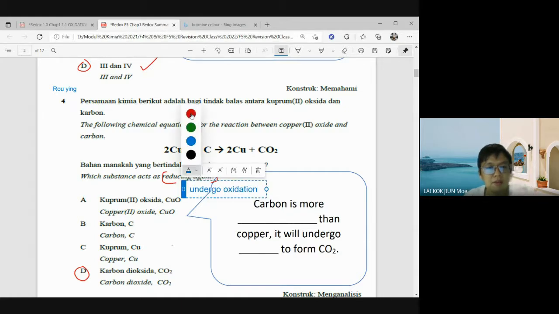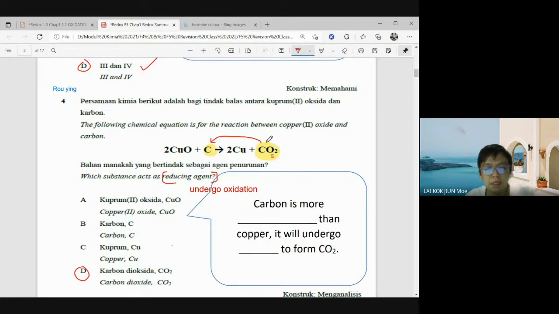So we check from this one. You see carbon dioxide. Do you think carbon dioxide undergoes oxidation? Is this oxidation? Does it lose oxygen or gain oxygen?